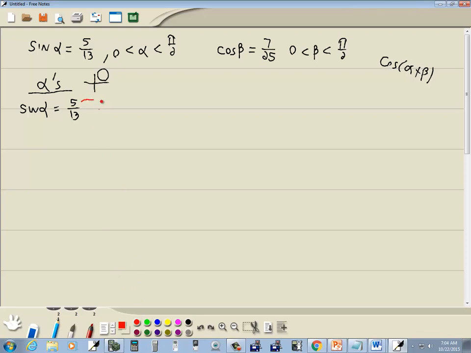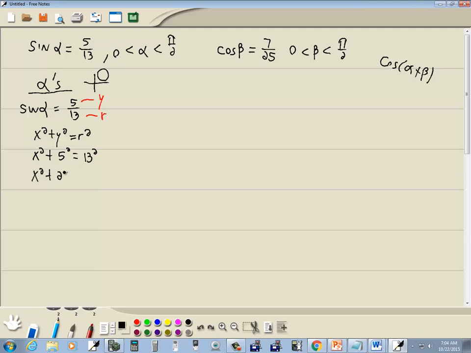Now remember, this is y over r, which means I'm going to use my Pythagorean theorem. X squared plus y squared is equal to r squared. So I got x squared plus 5 squared equals 13 squared.